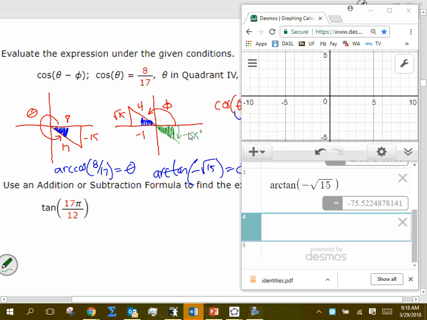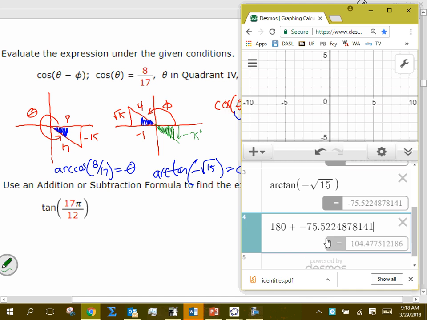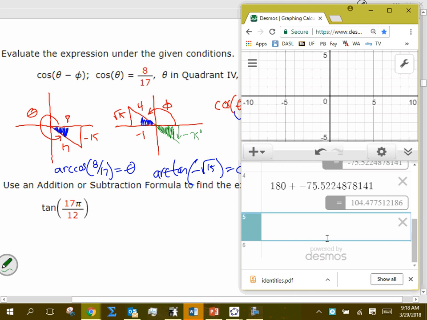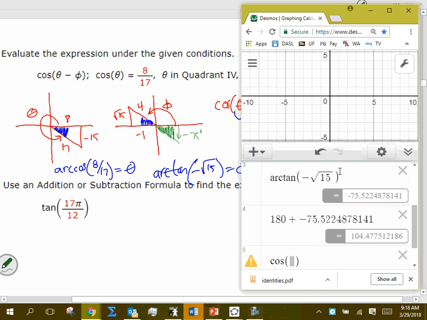Okay. So how do I find phi then? If this blue one's 75 degrees, I'm going to go 180, subtract from it that number there, and I get 104.47. There's phi. So can't I take cosine? I now know what theta is. Theta was this 298 number.